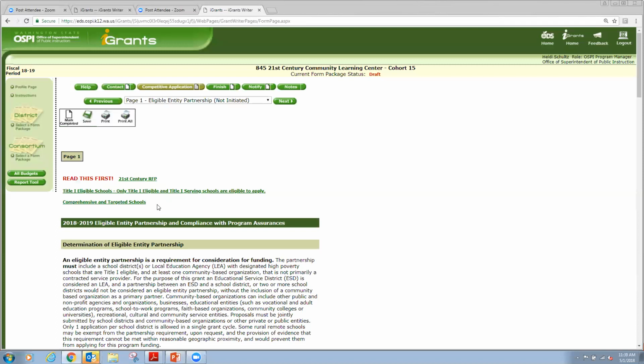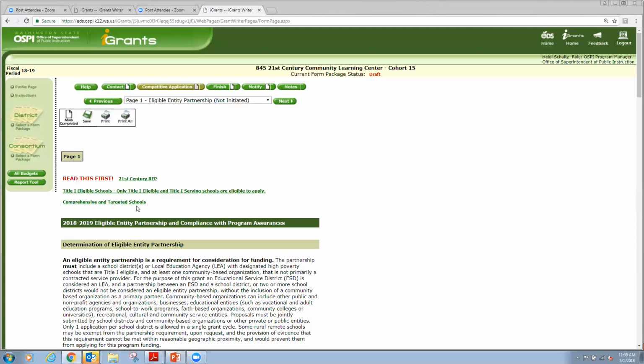So it might be a little misleading, but when you get to the iGrants profile page, there is the option under Title I to say Title I serving, yes, serving, eligible, or no. If you have a no, your program will be eliminated because they have to be either eligible or serving. So don't assume that, even though there's a no option, no is not acceptable.